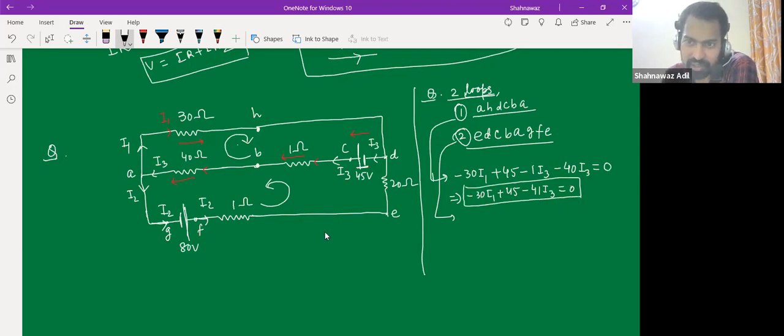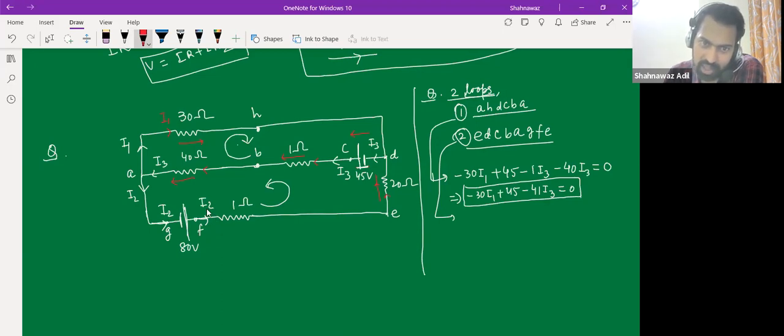Is this clear, guys? Okay, now next, the next loop. We are starting from here, and the loop is in this direction. The current is again in this direction. Current is how much? I2.